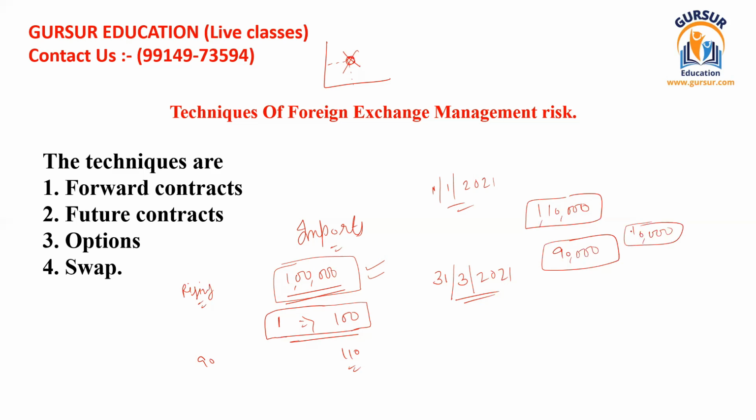And this all happens just because of the fluctuating nature of the exchange rate, because that is determined on the basis of demand and supply. So in any kind of foreign exchange deal, you are always at risk. If there is a gain, you shall be very happy, but you never know that you will be in a gaining position.